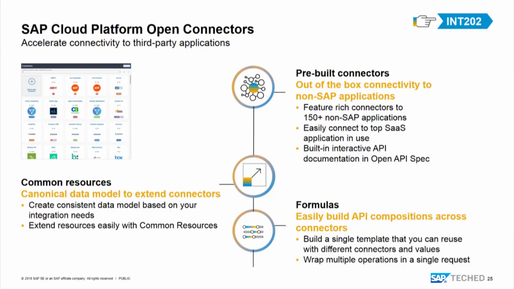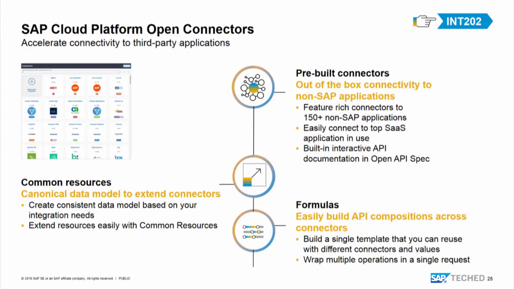So we partnered up with a pretty big provider of standardized APIs to those applications, and they allowed us to use them with our SAP Cloud Platform. So you now can tap into a huge number of pre-built connectors of these non-SAP applications, more than 150.